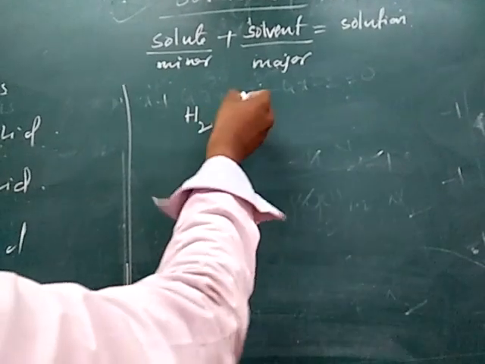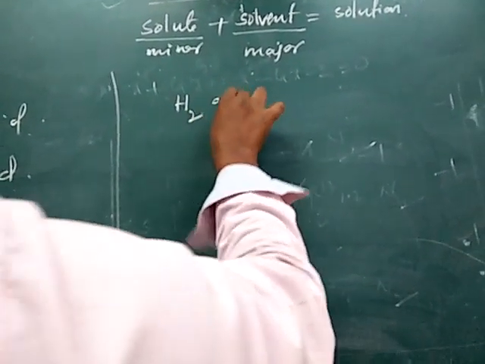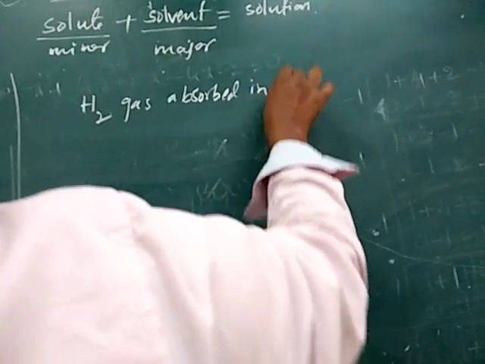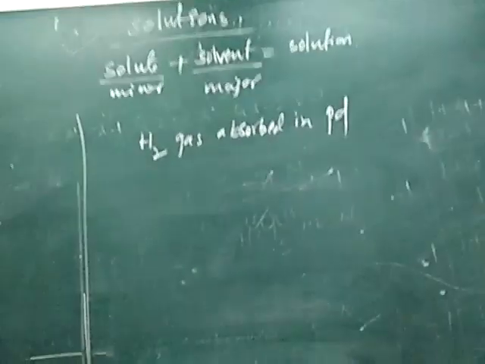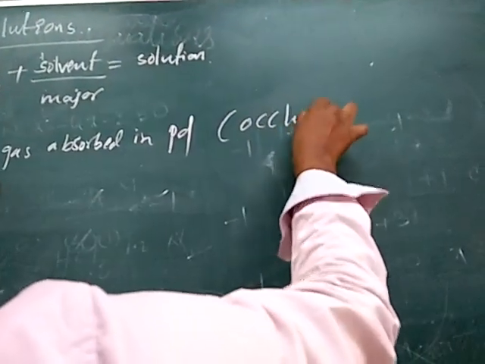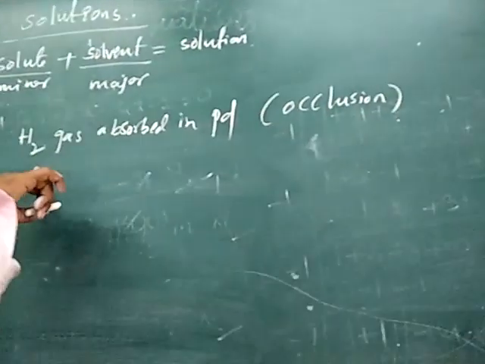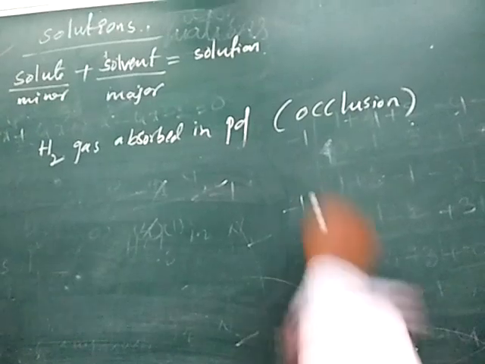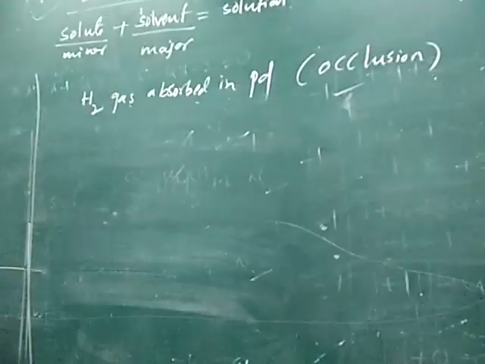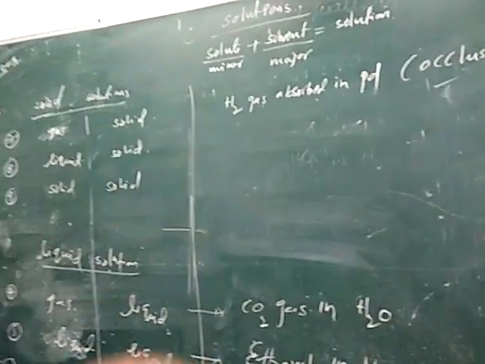Gas in solid: H2 gas absorbed in palladium metal. This process is called occlusion. Gas absorbed in a metal is called occlusion, especially hydrogen gas absorbed in palladium metal. So here gas is present in solid.